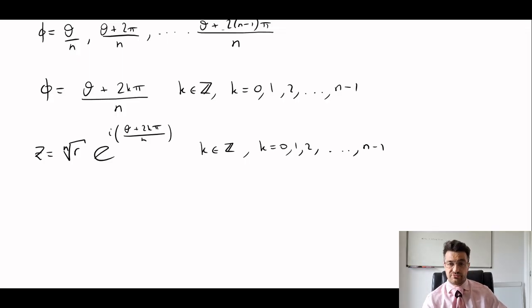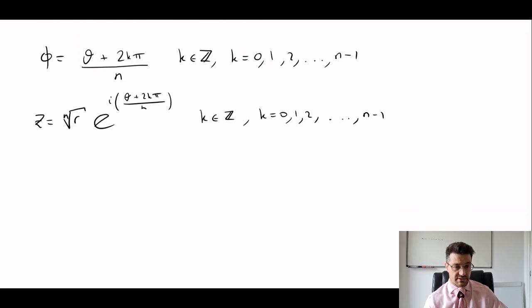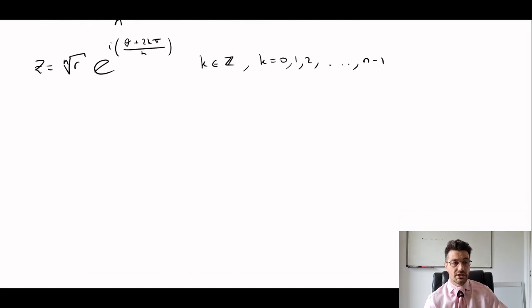Okay, so there are other reasons why we need to restrict the values of theta and phi and things like that. So one of the problems is if we don't have a unique way of expressing each complex number, the following kind of situation might happen. So let's take the number i again.